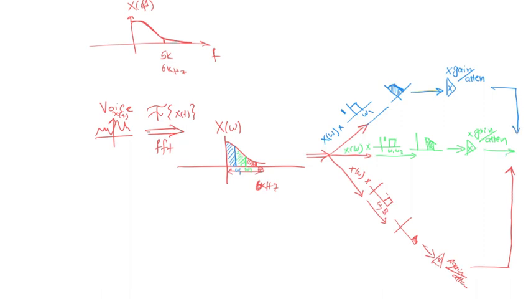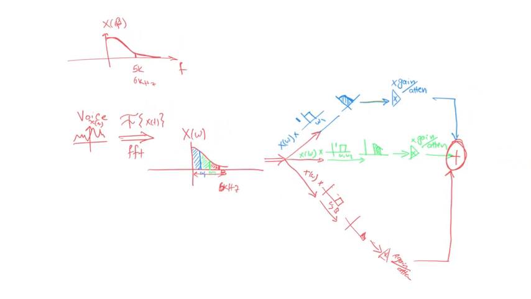And you need to combine them together by a plus. What you will get from this plus, okay, is going to be again the same spectrum but affected by whatever amplitude. So it might look like this, okay?